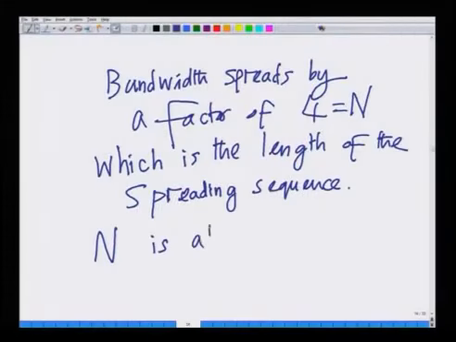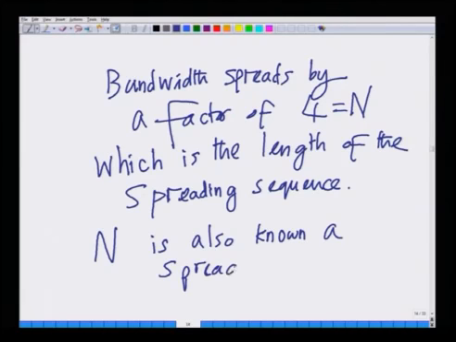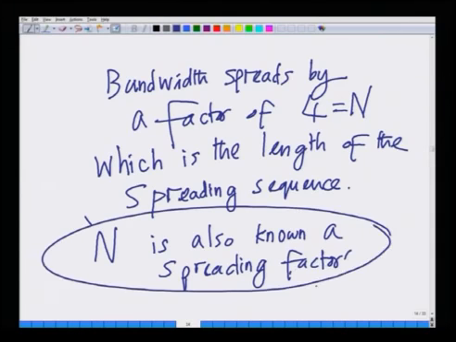Hence, n, the length of the code, is also known as the spreading factor.